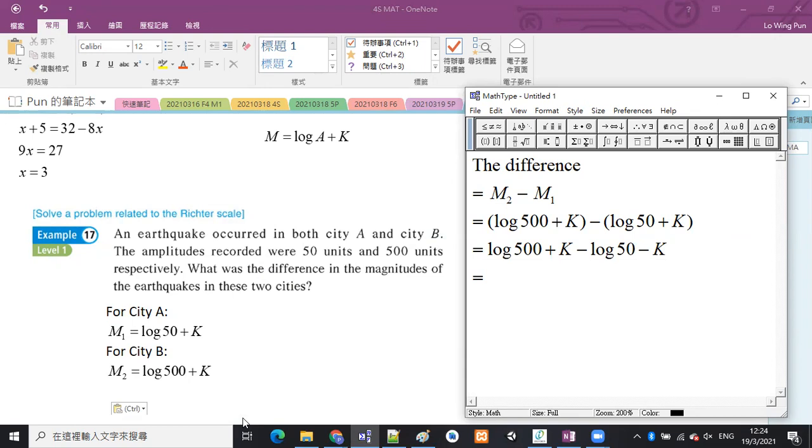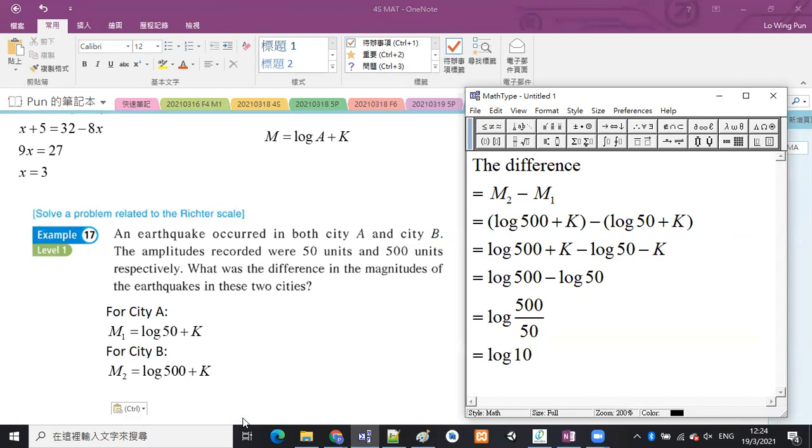What's remaining is log 500 minus log 50. But this is log M minus log N format. We can simplify this log. It becomes log 500 divided by 50, and that is equal to log 10.